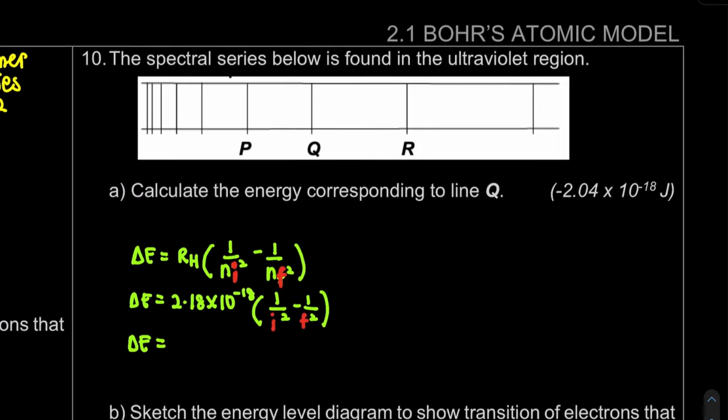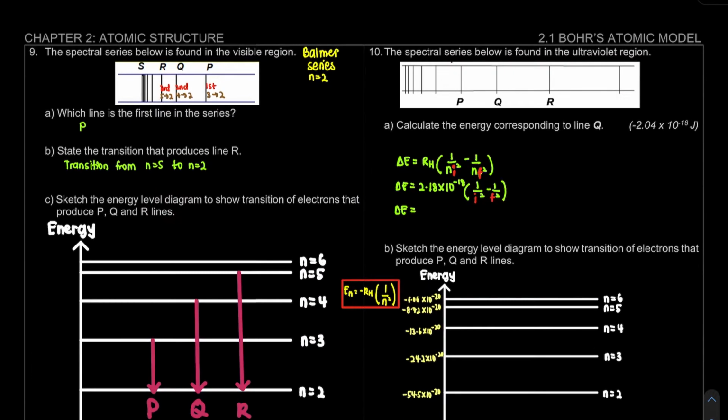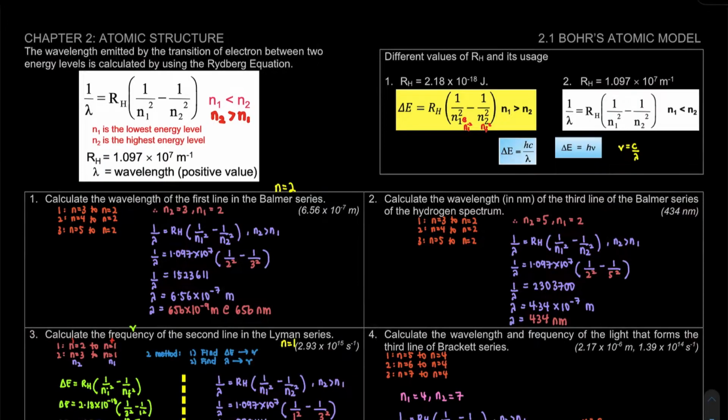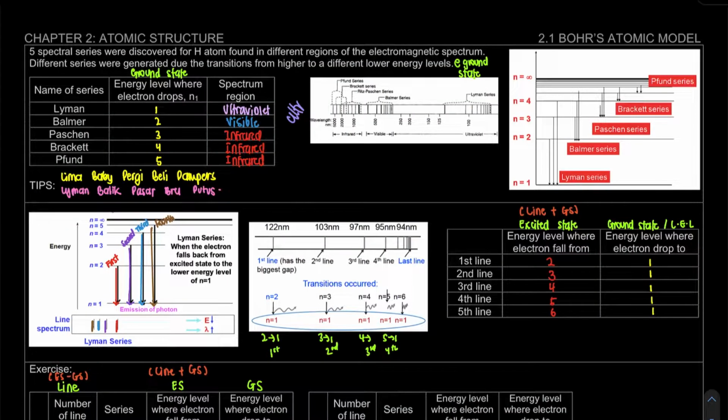For example number 10, here it mentioned that the spectral series below is found in the ultraviolet region. Usually, most of the questions directly ask about the Lyman series, Brackett series, Pfund series and so on. But if the question wants to trick you a bit, they ask you based on the region itself.